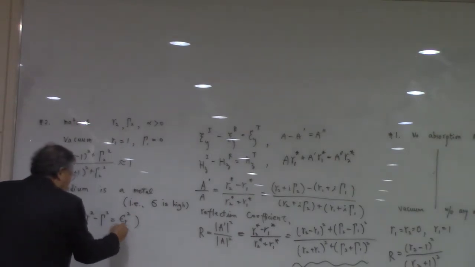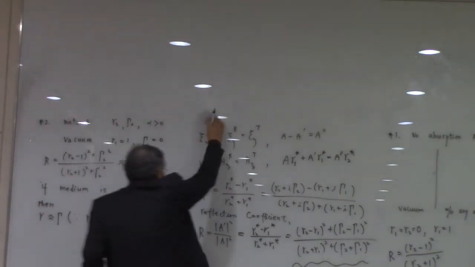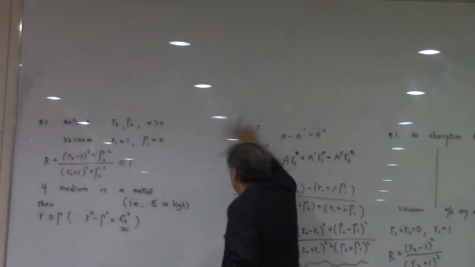And the dielectric constant of the metal is almost 0. It doesn't have any dielectric constant in the metal case, because the conductivity is very high.